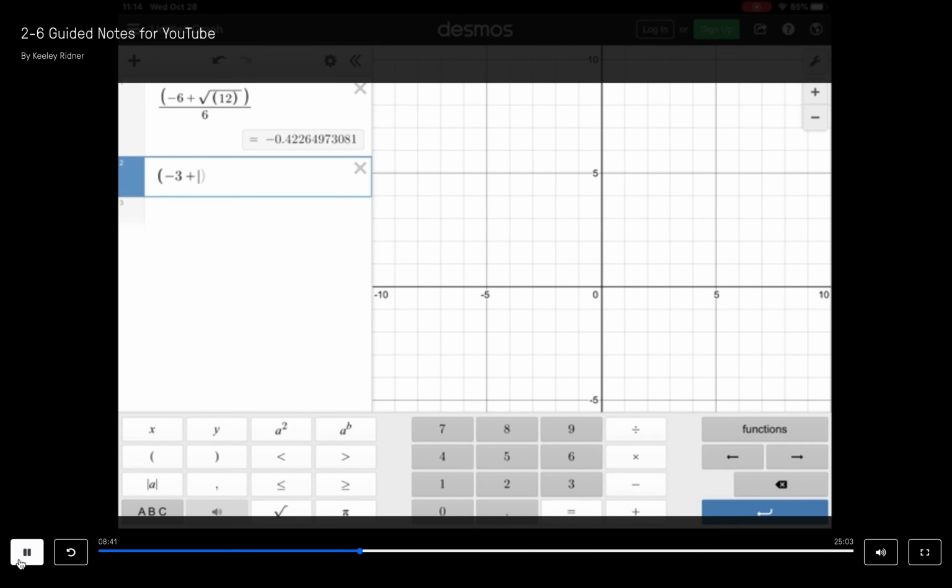Negative 3 plus square root of 3, all over 2. The bottom was 4, wasn't it? So notice these are equal.